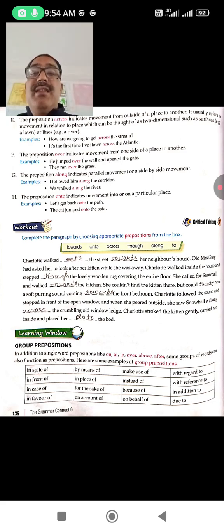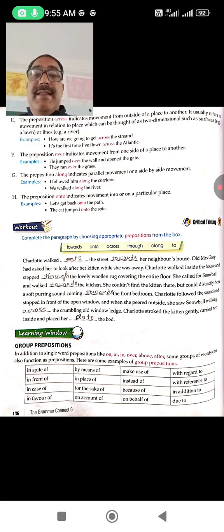Next rule is onto. The preposition onto indicates movement into or on a particular place. Example, let's get back onto the path. The cat jumped onto the sofa. Onto is used here in both sentences.